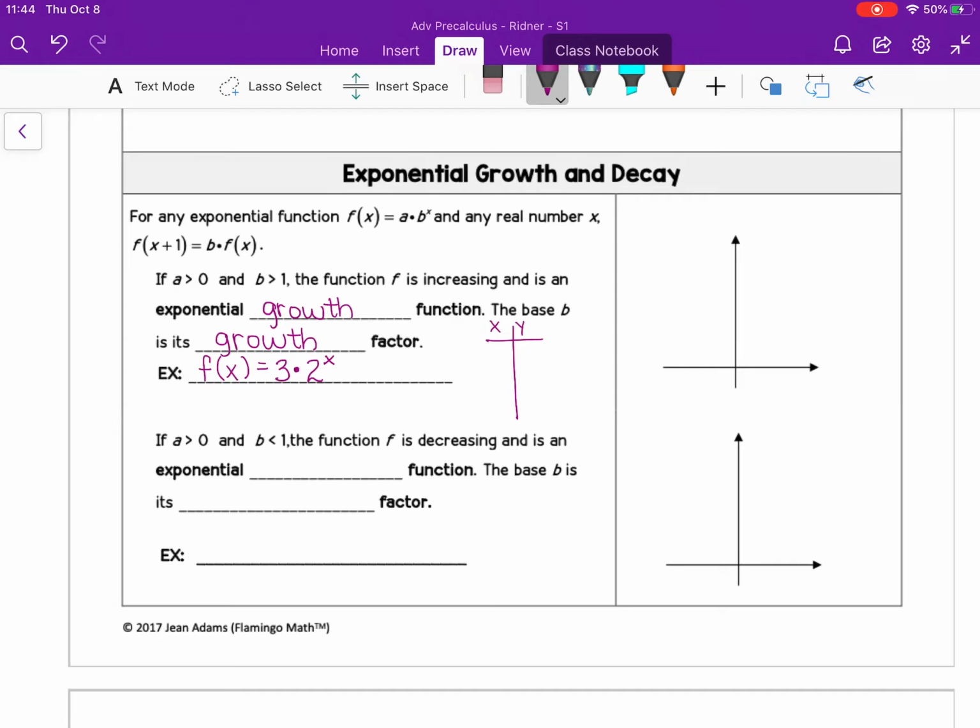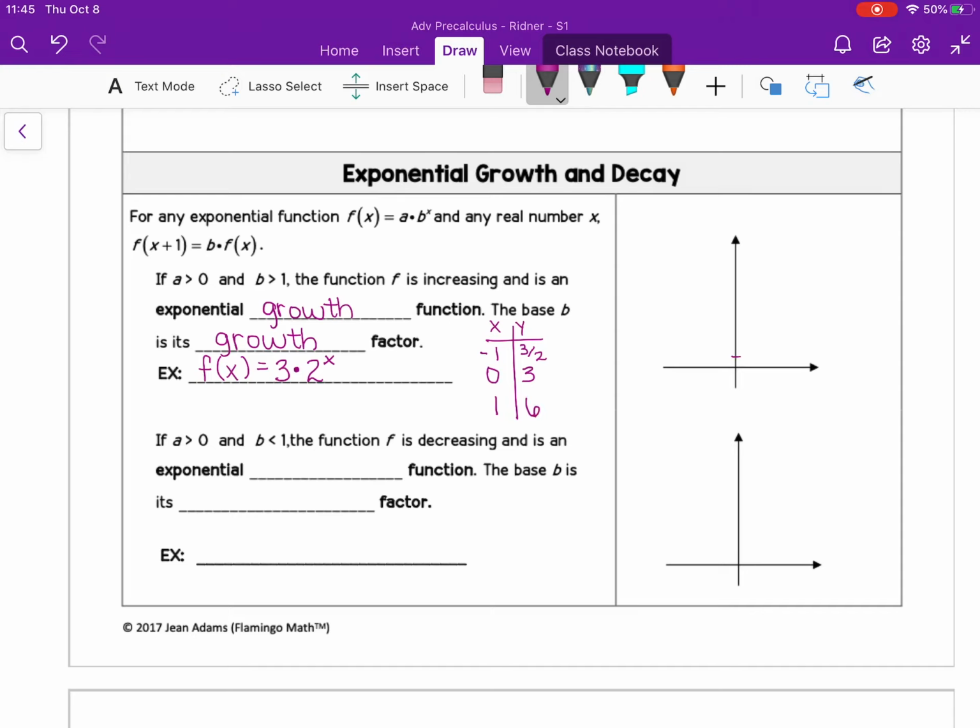If I had negative 1, my output would be, let's see, 3 times a half, which is 3 halves. If I had 0, 2 to the 0 power is 1, times 3 is 3. If I had 1, 2 to the first power is 2, times 3 is 6.